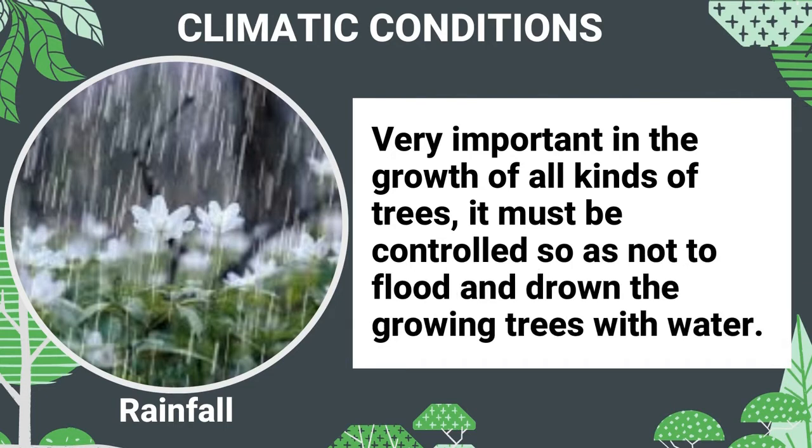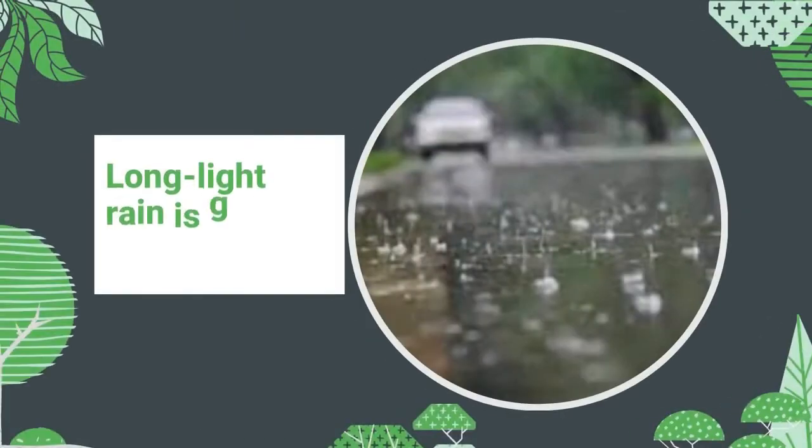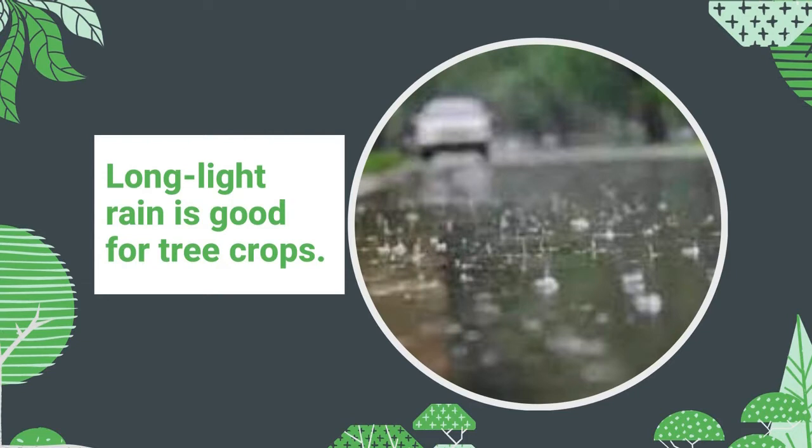It must be controlled so as not to flood and drown the growing trees with water. So we have to remember that long light rain is the one that is good for tree crops. So that is all under climatic conditions. So we're going to proceed to the next element.